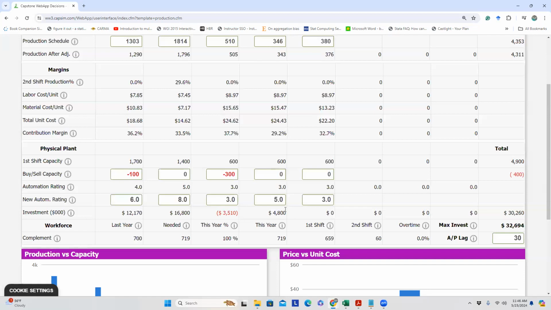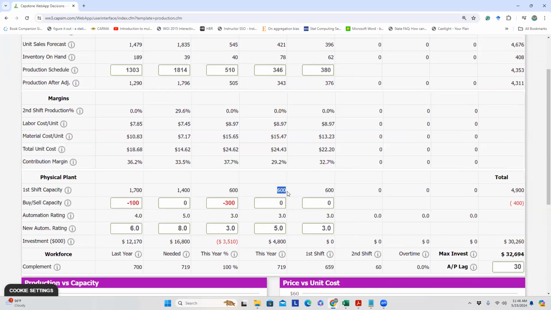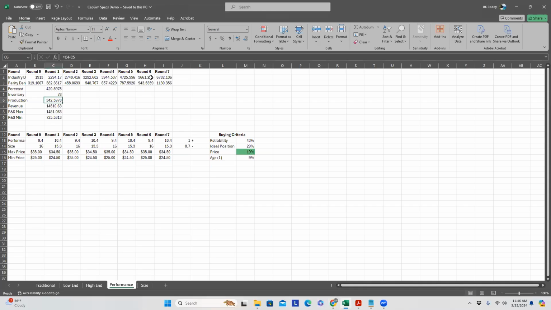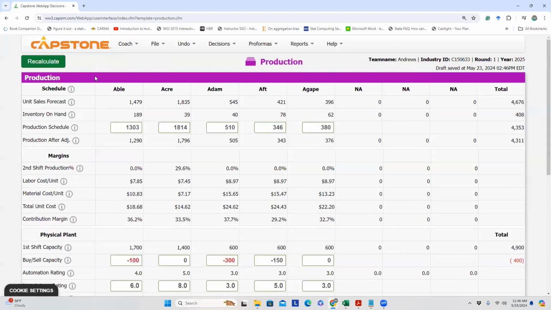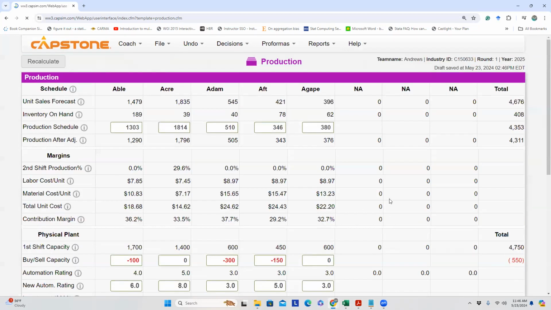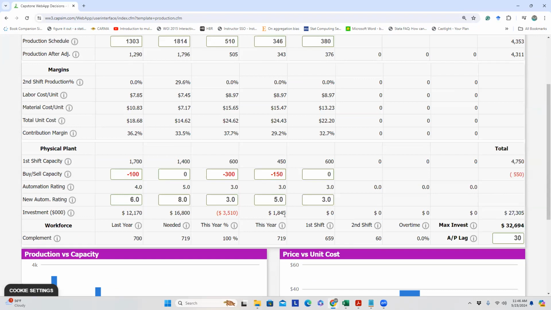So that's 4,800. So now 600 is the capacity I have. So first shift and second shift together, I can produce up to 1,200 units. When am I going to produce 1,200 units? 943 is the maximum I'll be producing at parity demand. So let's assume that I'm not going to use that. So I'm going to reduce this by 150 to make sure that I have some amount of money to pay for my automation.